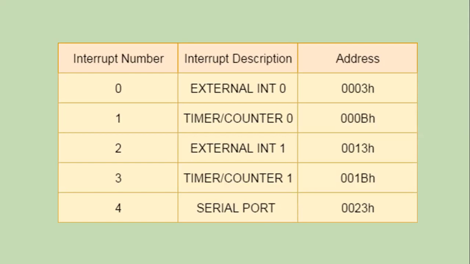See, there is a pattern between these addresses, and therefore you can remember them. The first address is 3, the second is B, the third is 13, the fourth is 1B, and the fifth is 23. These addresses are present for the 8051 interrupts.